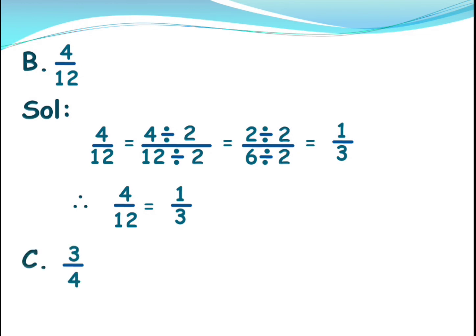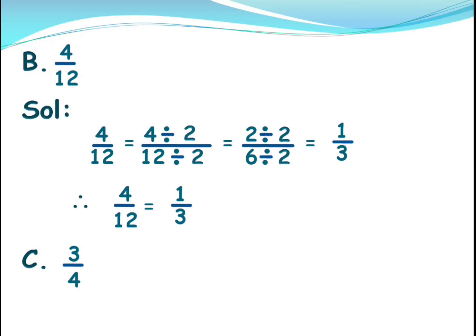Next, see 3 by 4. So 3 by 4, do we have any number which has 3 and 4? No, right? In 2 table you have 2 and 4, not 3. In 3 table you have only 3. We don't have 4. Again in 4 table you have only 4, not 3. And in 5 table you don't have 3 and 4. Isn't it, children?